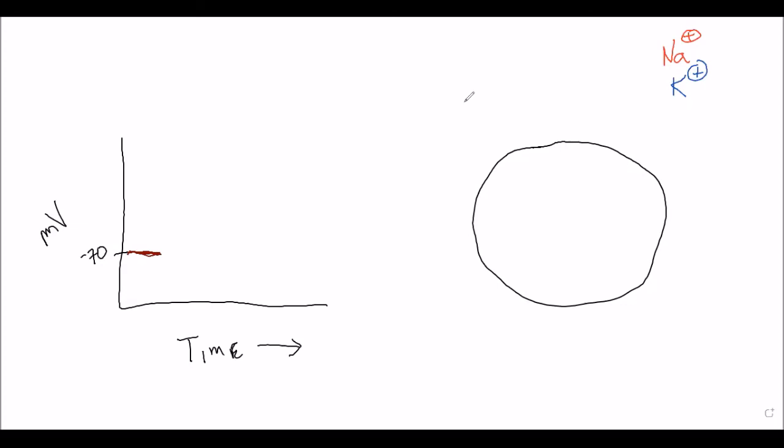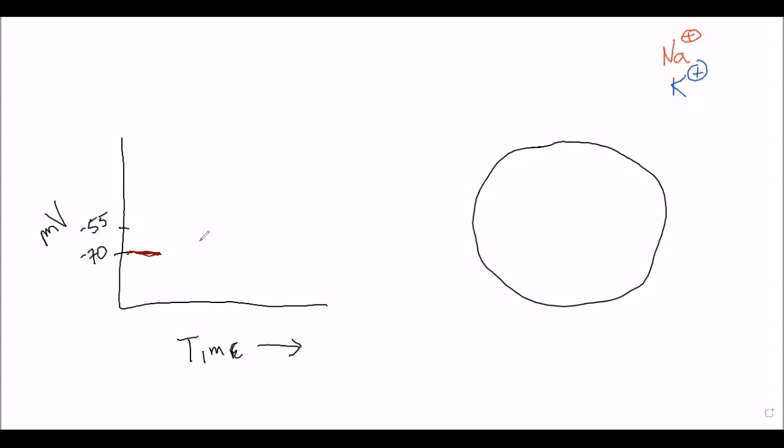Then all of a sudden, this cell will be stimulated somehow. The neuron or the muscle cell is going to be stimulated. It could be pressure, it could be light, it could be a sound. Anything, whatever that cell is, to respond to some sort of stimulus. Then I'm going to use this line here.